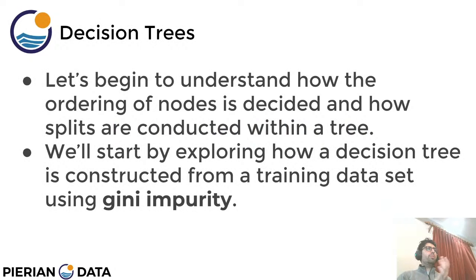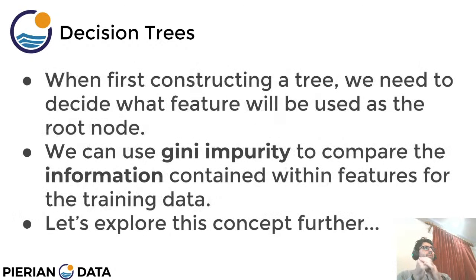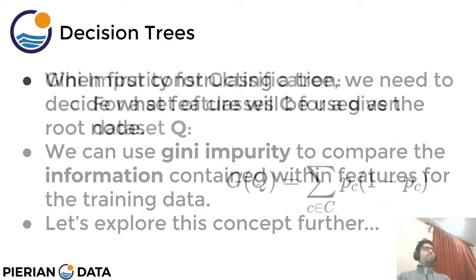All right, so what I really want to talk about is exploring how a decision tree is constructed using Gini impurity. When we're first constructing a tree, the very first thing I have to decide is what feature is going to be used as a root node. And we can use Gini impurity to compare the information contained within features for the training data. Basically, how useful is it to split on this feature first versus that feature first, etc.